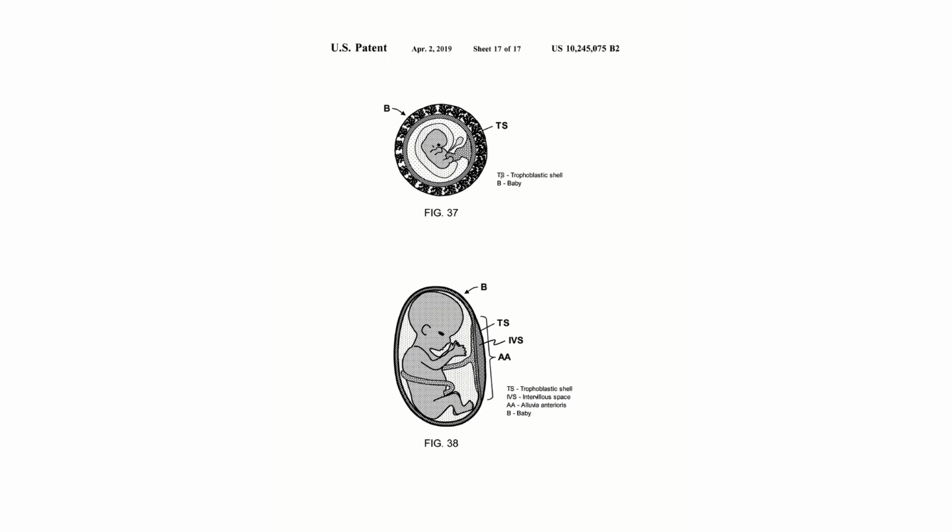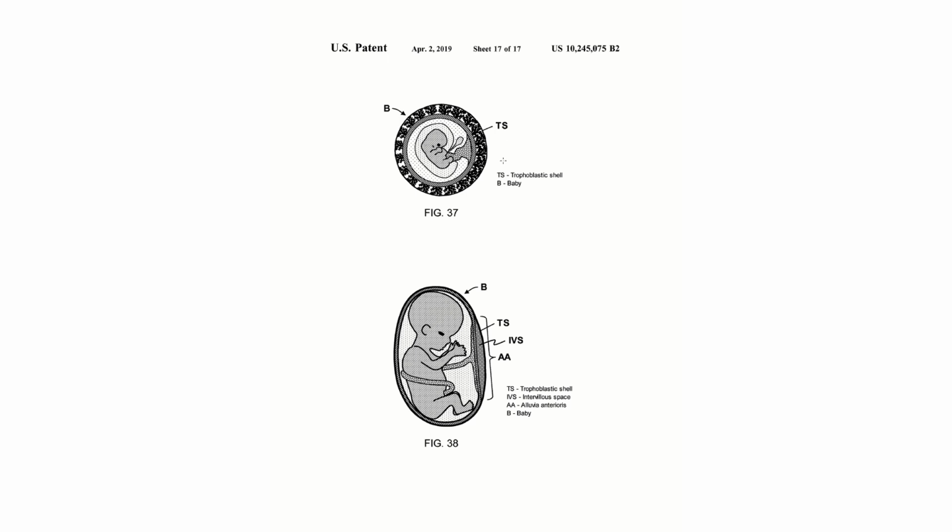Something that's sometimes missed is this TS, the trophoblastic shell, and that's actually connected to these little frondy things, which are the chorionic villi. These filter out the needed metabolites, the nutrients and oxygen, from the maternal fluid.